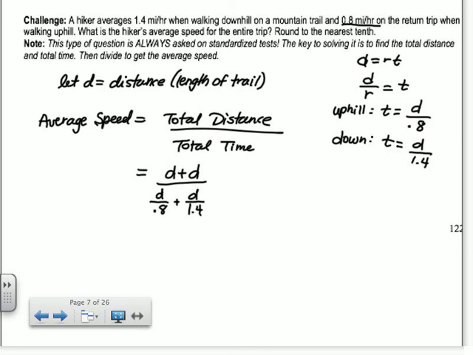All right, so we need to figure out how to solve this. So I have 2d over d over 0.8 plus d over 1.4. So let's multiply the first one by 1.4 over 1.4. So I'm going to get common denominators. And multiply the second one by 0.8 over 0.8.